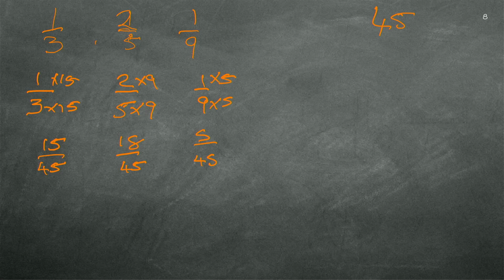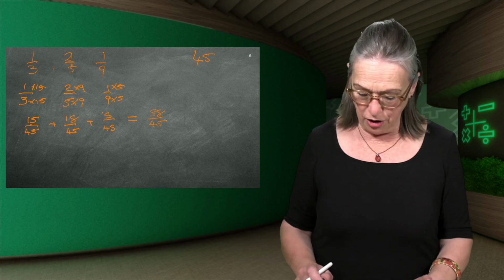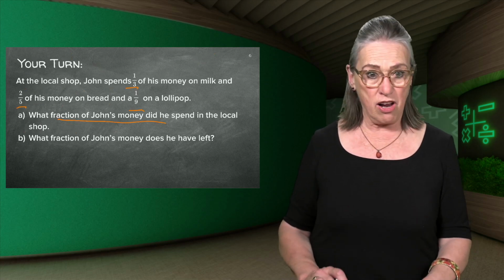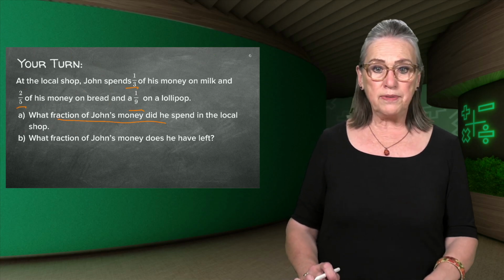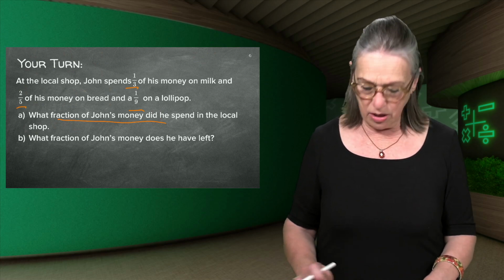We're going to add these together, and it's easy, see how easy it is. 15 plus 5 is 20, so 20 plus 18 is 38/45.